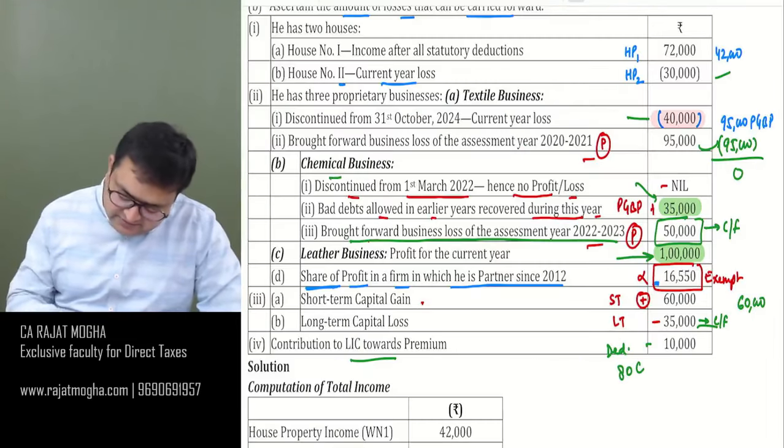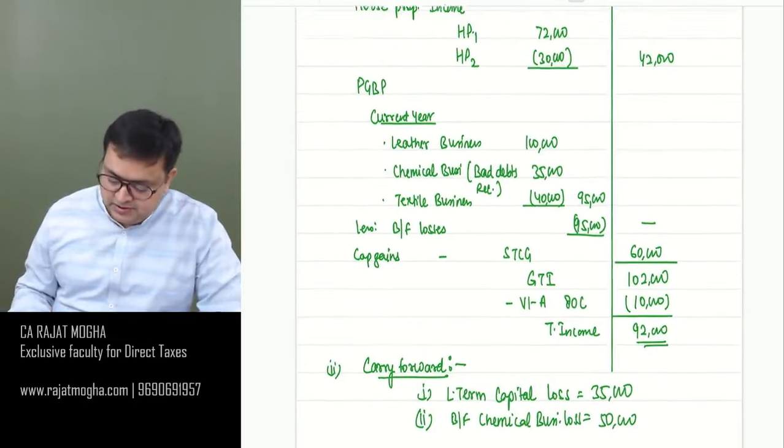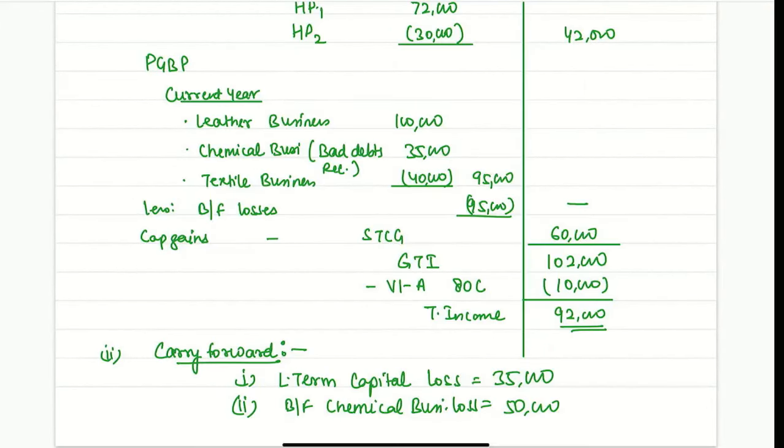This was chemical business. These two would be carried forward. Correct? See, simple. So once you are done with your rough calculations, you will find that this presentation becomes very, very simple. And it will save a lot of time and your presentation will look good. Correct?